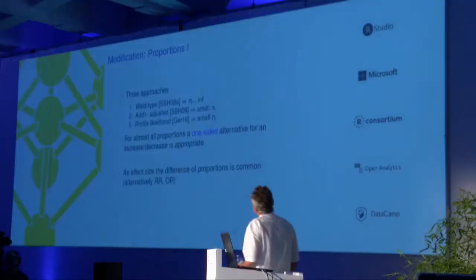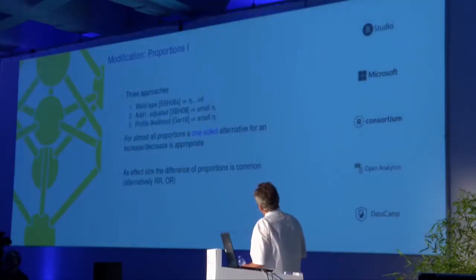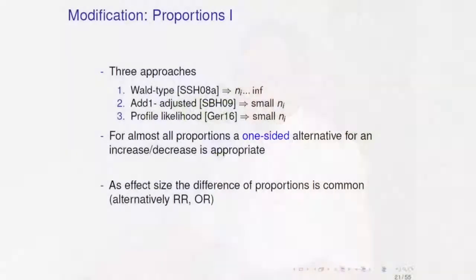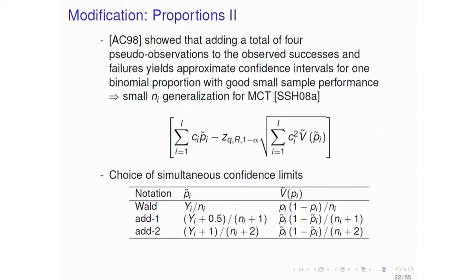Small, I mean 20, 30 or something. And we are interested in pharma research frequently in one-sided alternatives, then it's better to add only one, not two, a half to success and a half to failure. This is, by the way, also available for risk ratio and odds ratio, and simultaneously available in the package MCPAN.